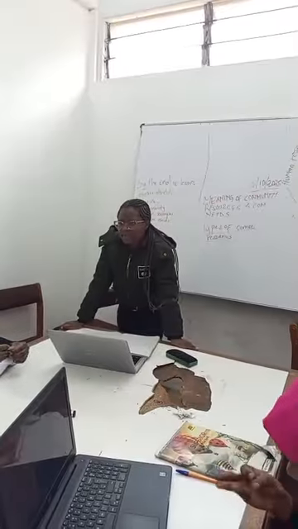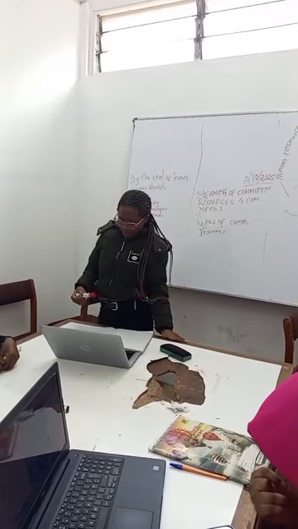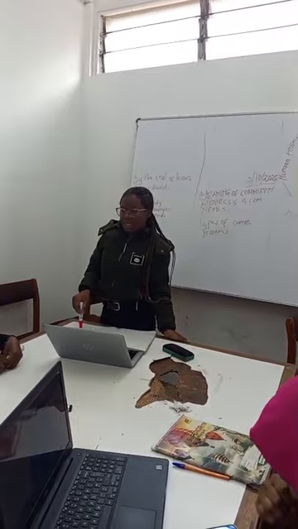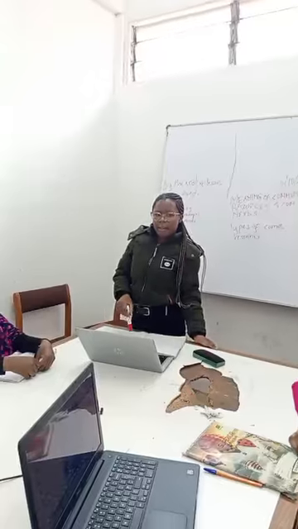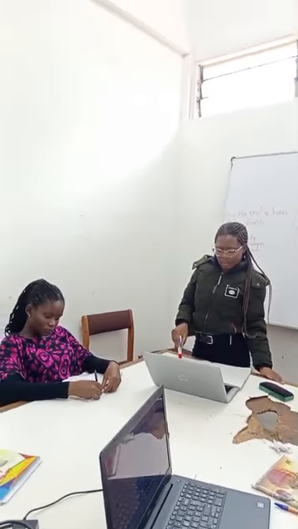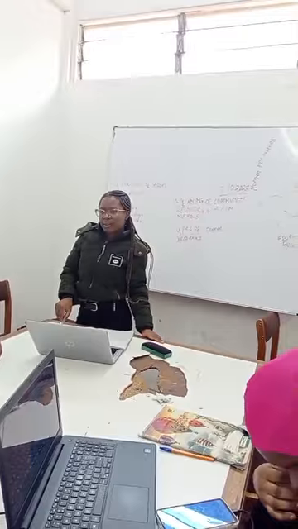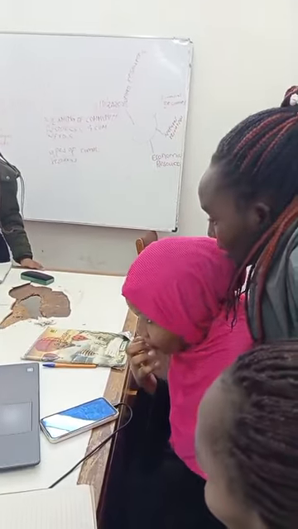Now we move forward to the types of community needs. Remember we said a need is a want. So the types of community needs. Okay? But I would like you to read in a group of 2, and then we discuss the types of community needs. You have 5 minutes.